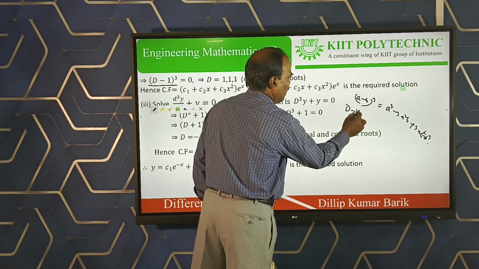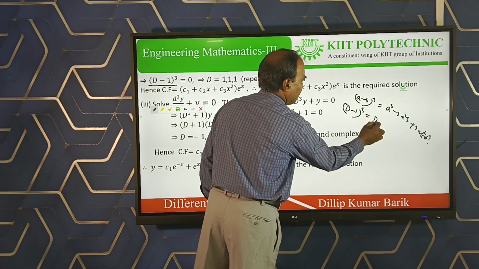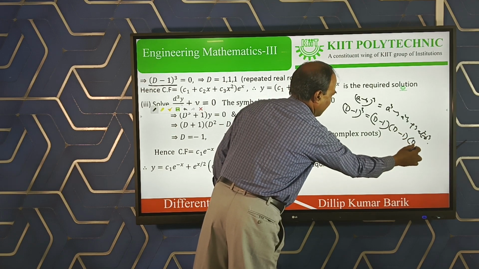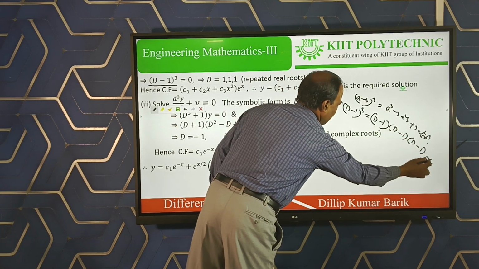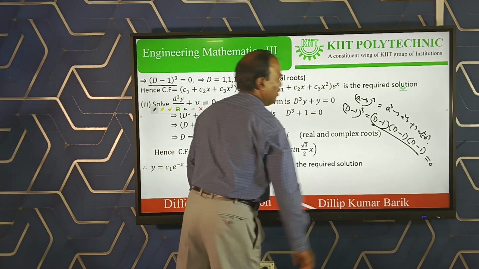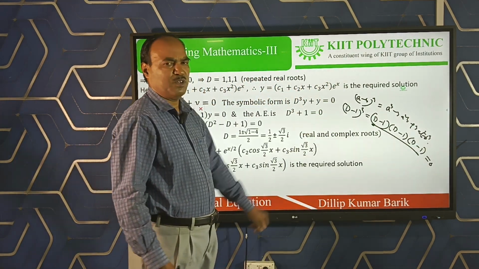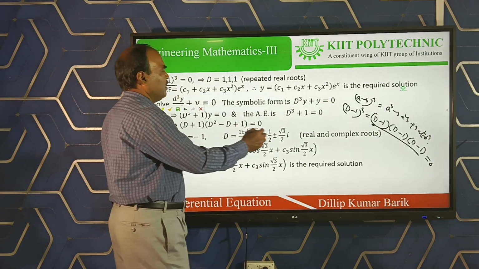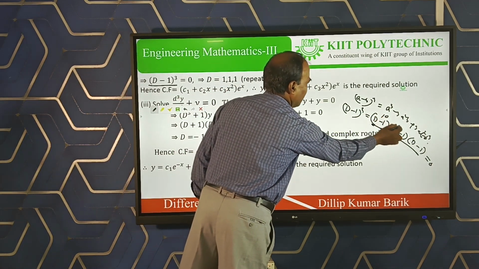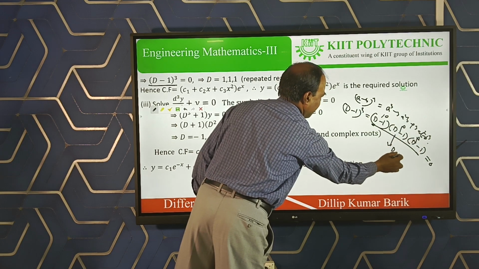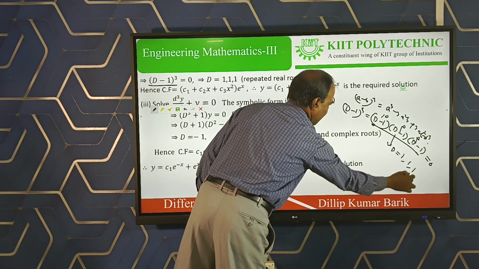That means (D - 1)(D - 1)(D - 1) = 0. Since each factor multiplied together gives 0, each term must be 0, so D - 1 = 0, and so on. So D = 1, 1 and 1.